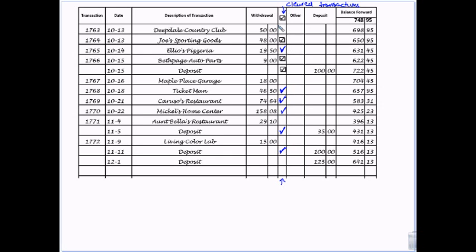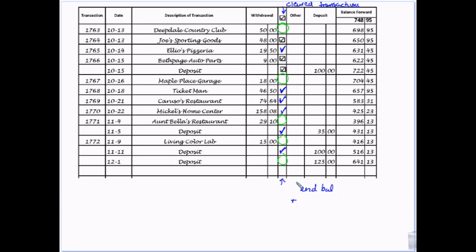Now these ones that are not checked off are the outstanding. So we have outstanding checks and an outstanding deposit. Okay. So what we want to do to reconcile the bank statement, we're going to take the ending balance.